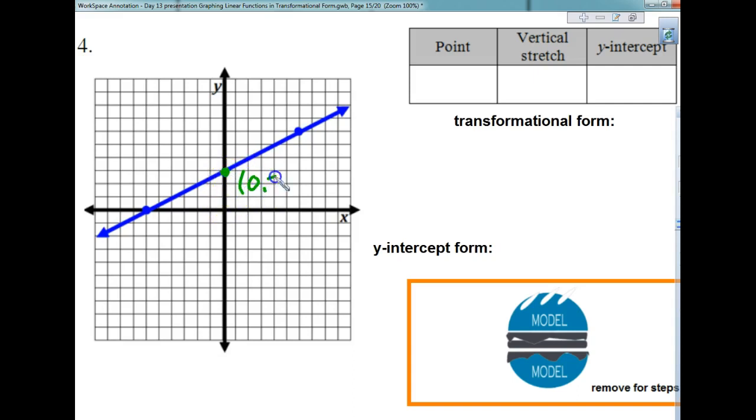That's at 0, 3. And what's the slope for this line on number 4? We can go up 1, 2, 3. And then it goes to the right 1, 2, 3, 4, 5, 6. So that makes the slope or the vertical stretch equal to 3/6, which is 1/2.